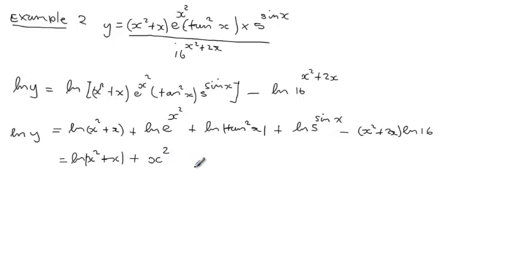Is that clear to everybody? Okay. When I come here, there's no property I can apply, so I'll leave it as it is. Then I have plus ln tan squared x. When I come here, there's a power, sine x, I can bring it in front, and have sine x times ln of 5. Then I'll write this as ln 5, in brackets, times sine of x, just to write it as a coefficient nicely.